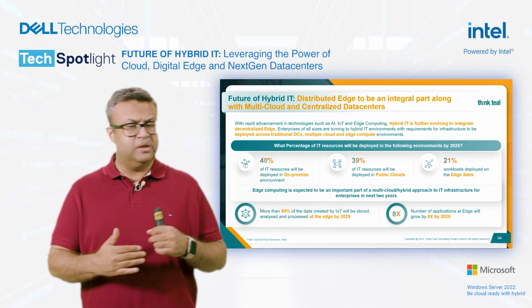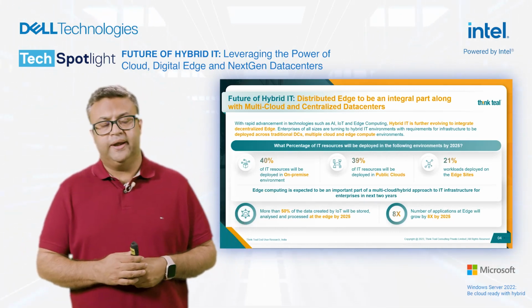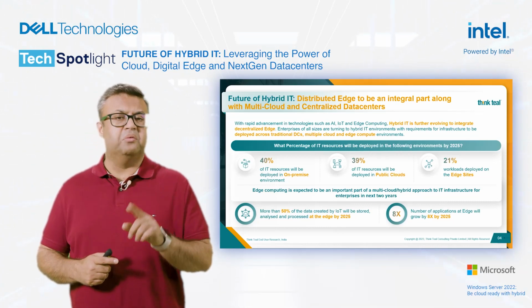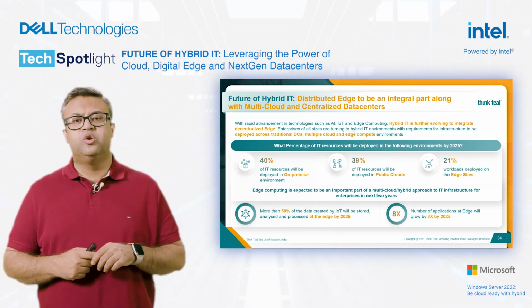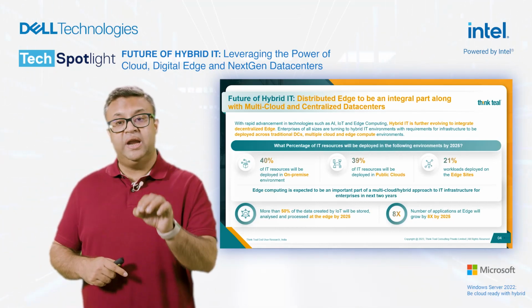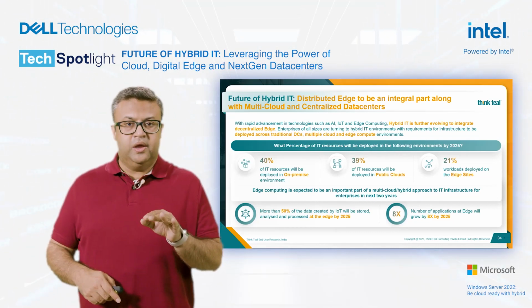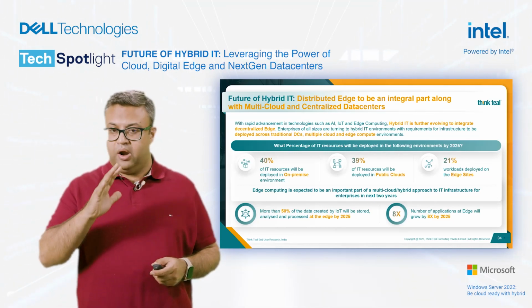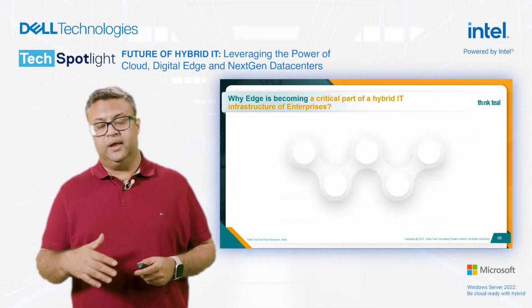So 2025 is almost around the corner, right? And a number of applications at edge, we see an exponential growth, 8x growth in terms of applications residing at the edge itself.